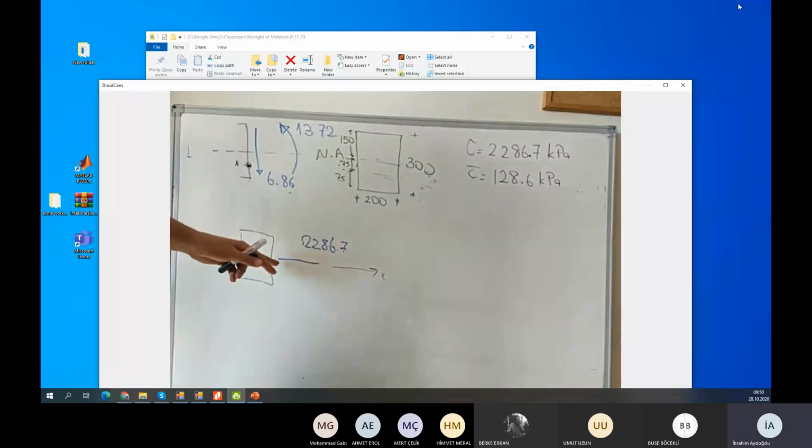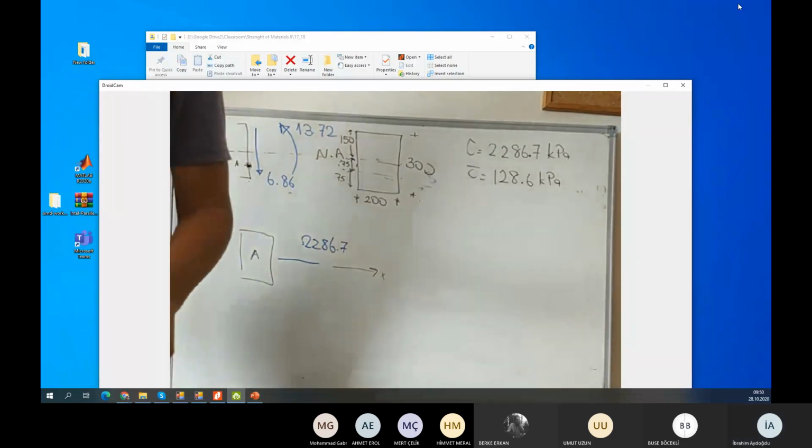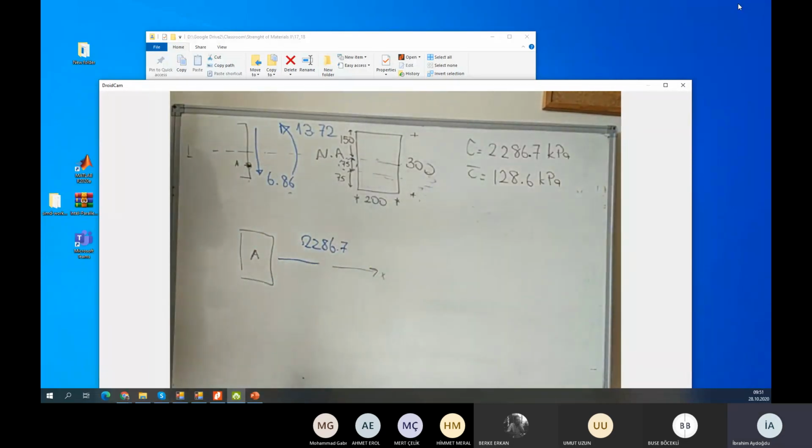So direction is positive x or negative x. In other words, as compression or tension. Does anyone guess for me? Tevfik, guess for me. Tension or compression?